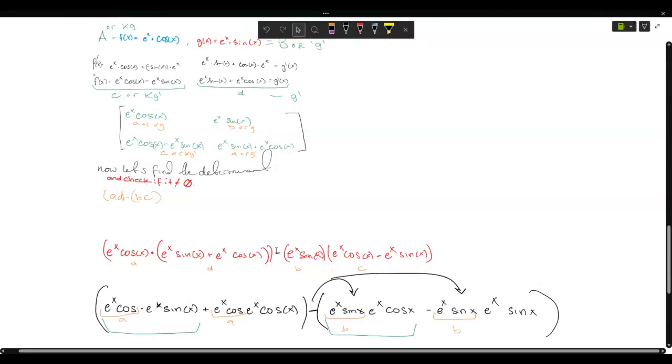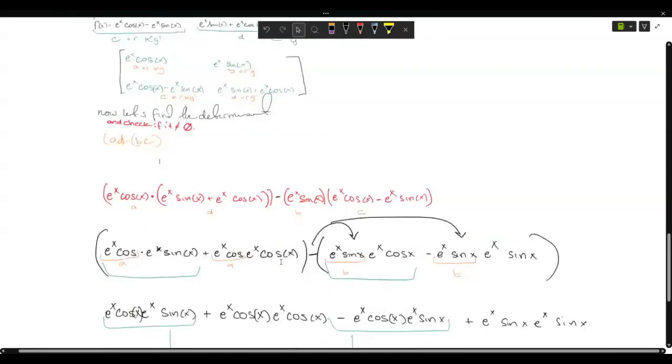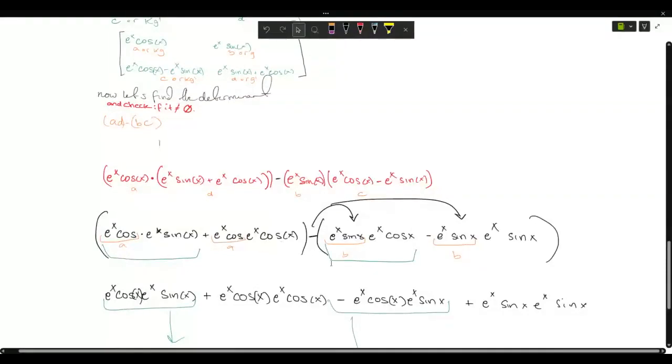If we distribute the negative sign on these terms, since you're doing a multiplication first and then subtracting, you have the term e to the x cosine x times e to the x sine x repeat on this side and this side. If you add the same thing with the negative of the same thing, you get 0.